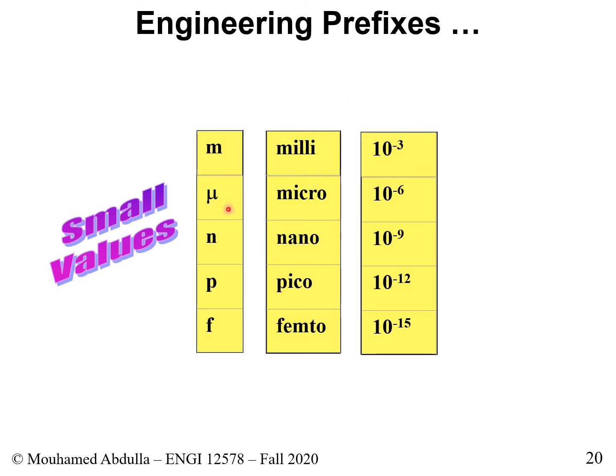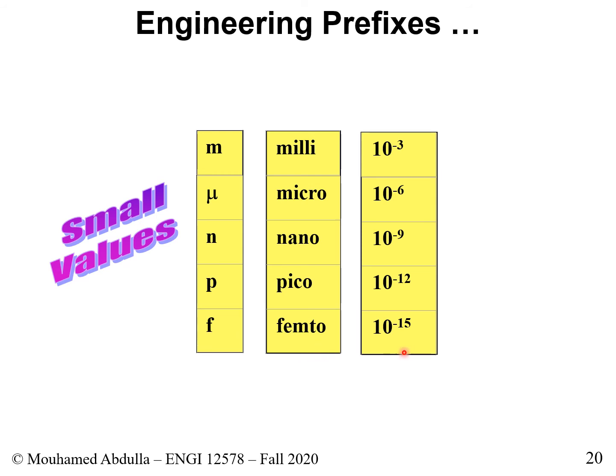If you see micro, this is the symbol of it, the Greek letter mu, and micro stands for 10 to the minus 6. N for nano, 10 to the minus 9. P for pico, 10 to the minus 12, and F for femto, 10 to the minus 15.